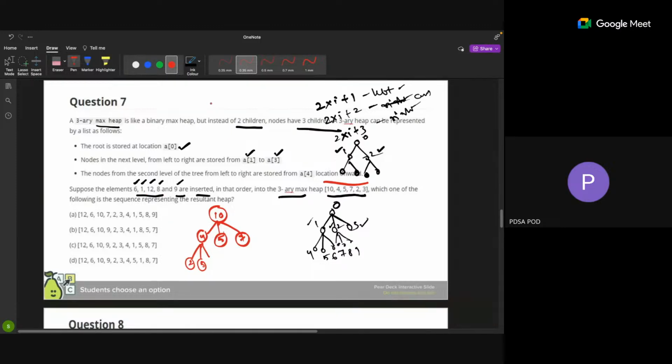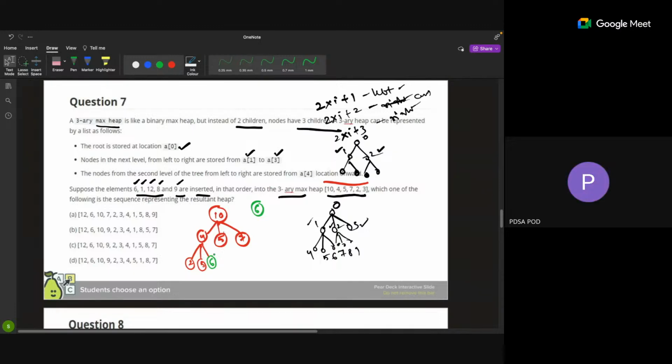Now, first we are inserting 6. Where do you insert 6? Not below 5. There are 3 descendants, so after this particular 4, here 6 is inserted. Is it right or wrong? But it should be smaller than the parent, right?